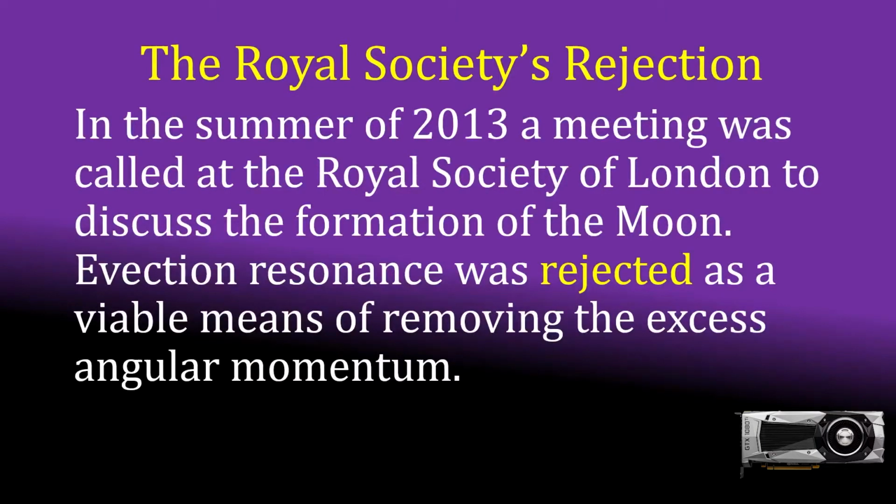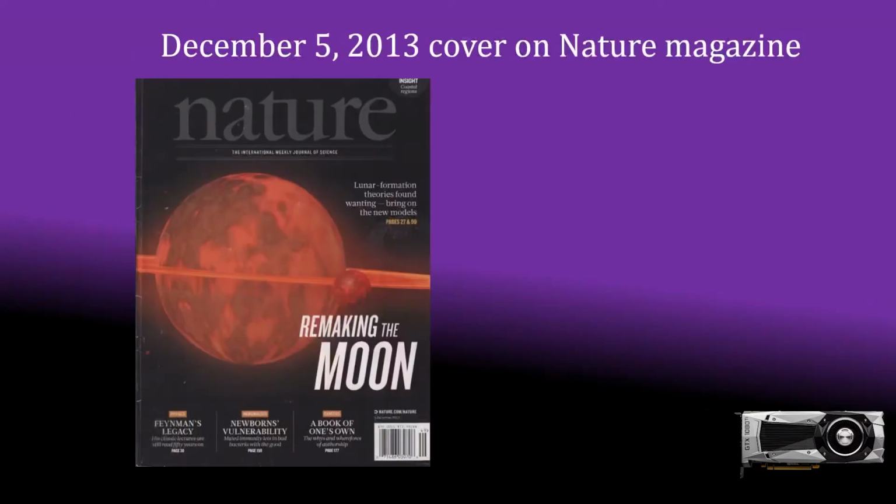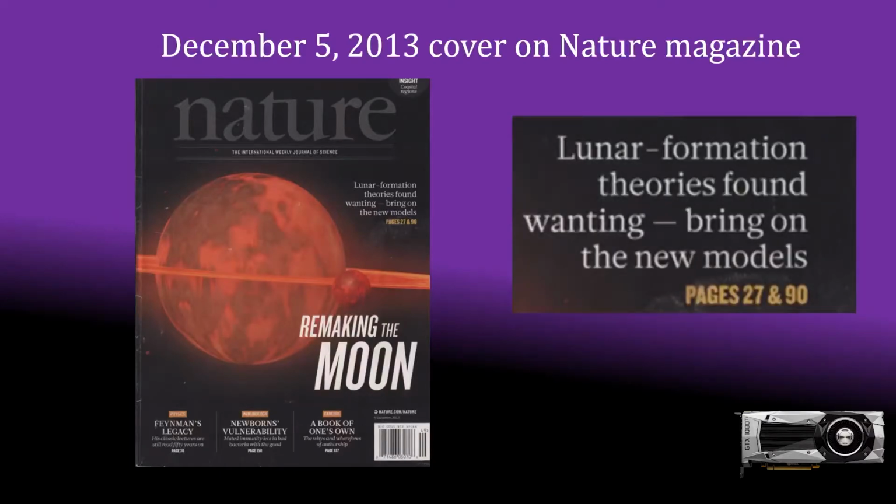But the Royal Society in 2013 called a meeting and rejected evection resonance as a viable means for removing the excess angular momentum. And on the cover of Nature magazine, they said, lunar forming theories found wanting, bring on the new models.